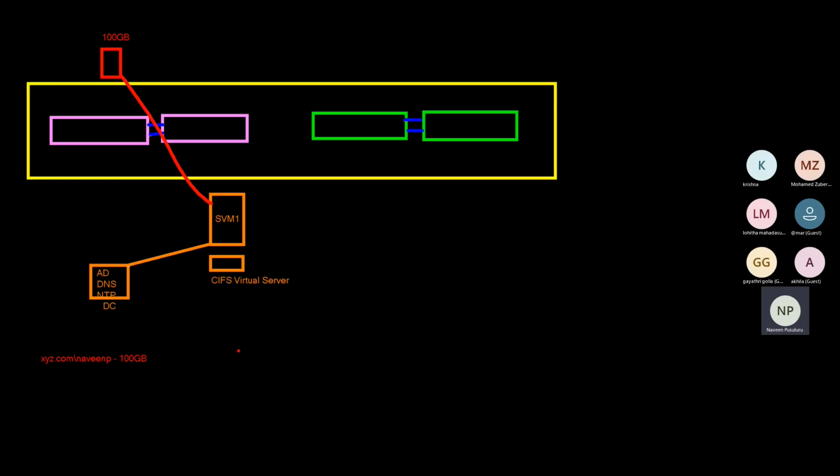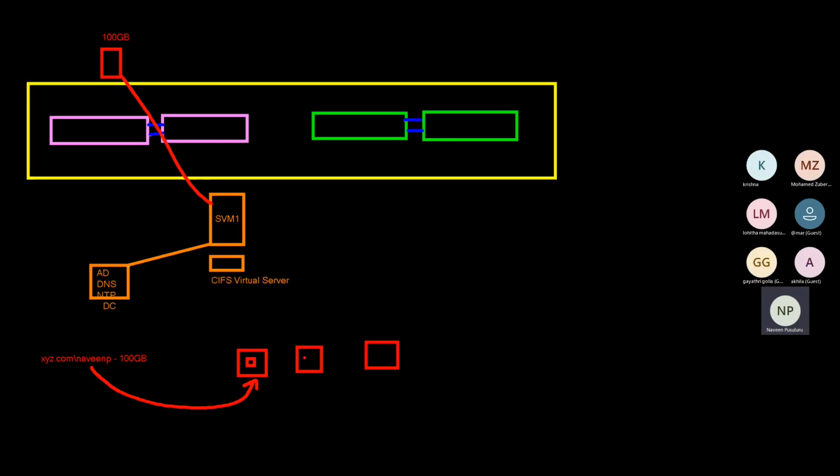So what he is going to do, let's assume that there are 3 servers. He needs to log into any of the servers with his username. Let's assume that he logged into this particular server with his username and password. From this server, he can use the storage and copy the data. So in the CIFS protocol, the storage will be linked with the Active Directory user, not to any server.